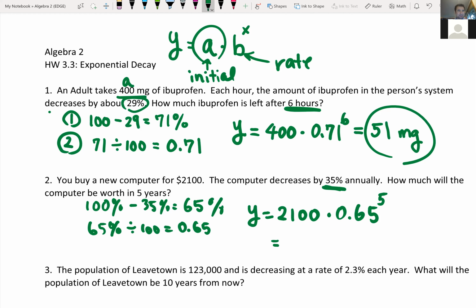Well, maybe that's what the reality is. $243. Maybe 35% is a little bit too high. It seems to me, but anyway. If that's the case, in 5 years, the computer is now worth only $240. Yeah.